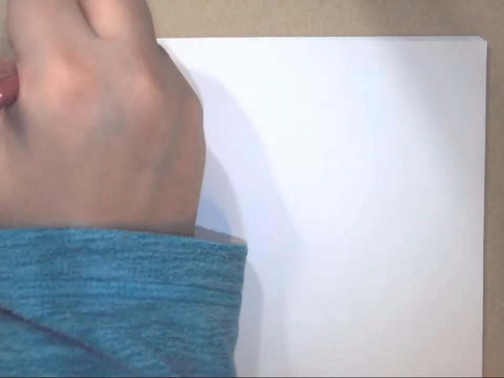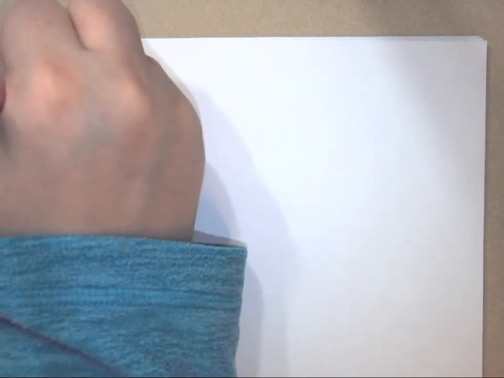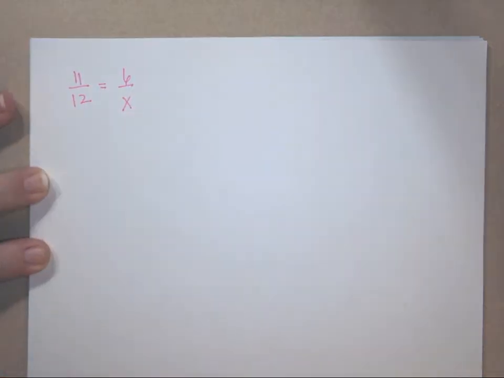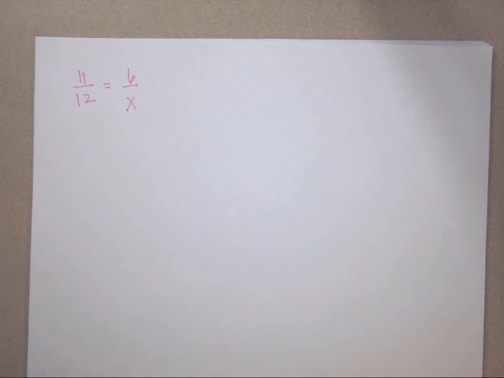Now that's just running comparisons. We can also do some solving. So if we want to solve with our proportions, what we're looking at are proportions where we have, say, a fraction on either side of an equals, but somewhere we have a variable.